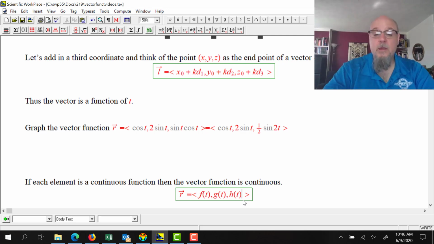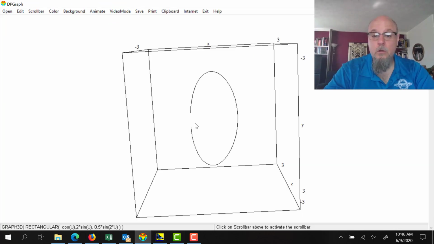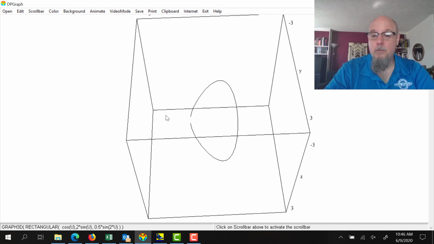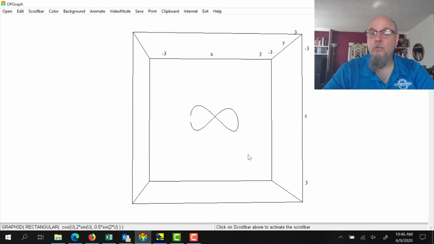It's a one-dimensional object though, right? It's a one-dimensional object because I only need to specify one value to get a point on the curve. You tell me what the value of t is, that locks down the point on the curve. It's not a surface, it's a curve. Infinitely thin. It's one-dimensional.